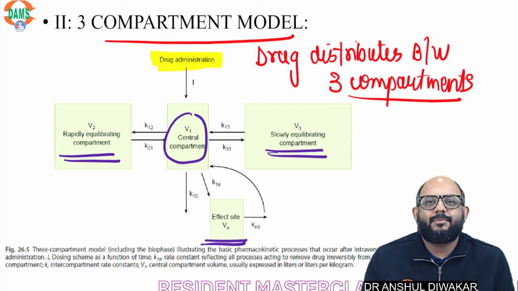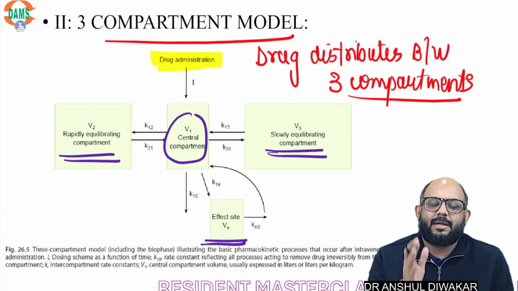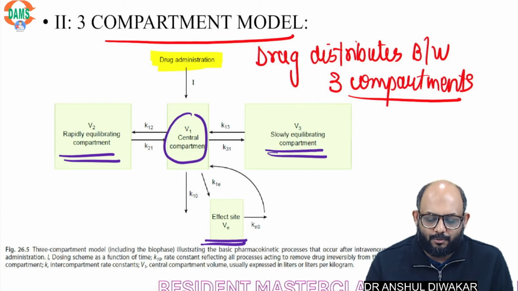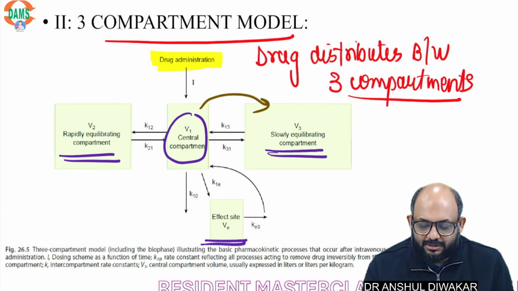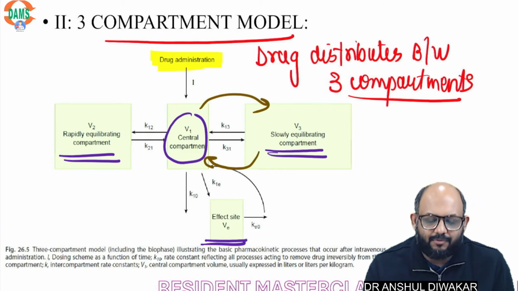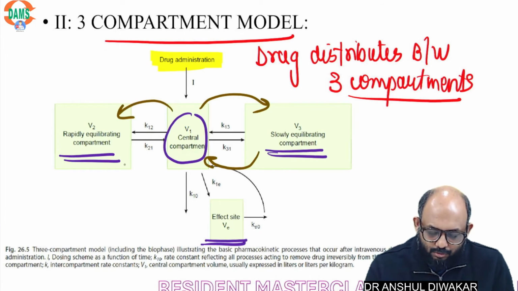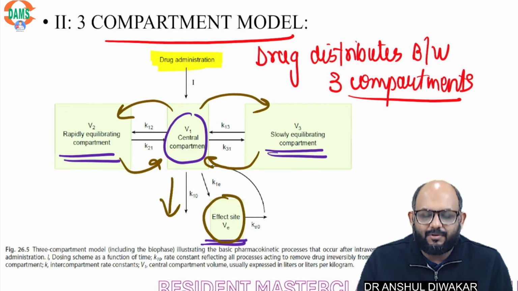So you describe these constants as K. K12 means a factor that is going to decide the transfer from compartment 1 to compartment 2. Similarly, from 3 to 1 will be K31. Similarly K13, K21, and then you have K10, which is going out of the body, and the effect site is K1E.